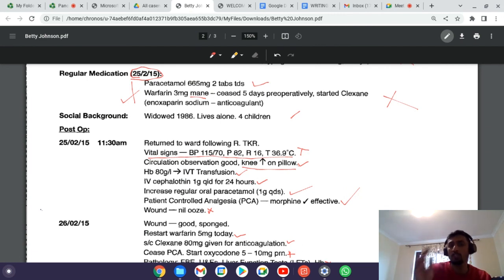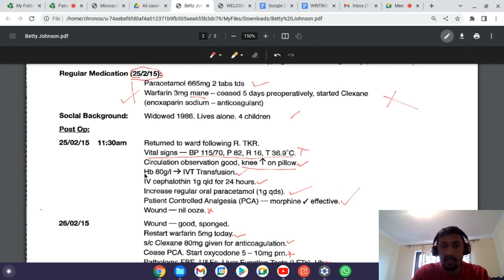And after the post-operative surgery, what are the things you had done? The patient's knee was elevated with a pillow. Hb was low, IV transfusion was done. While you are writing the paragraph, you need to look for the connection between all the relevant case notes you already selected.